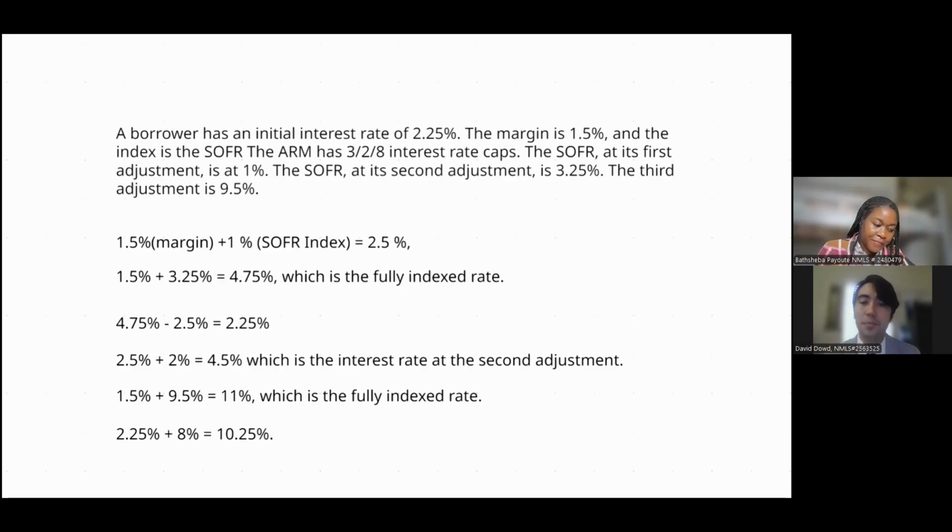So this means our interest rate cap would come into play for the third adjustment. In other words, it's going to be 2 again. So we're going to take the 4.5%, which is the second adjustment, as you can see there on the screen, and we're just going to add another 2%, which will give us the true adjustment for the third adjustment of 6.5%.